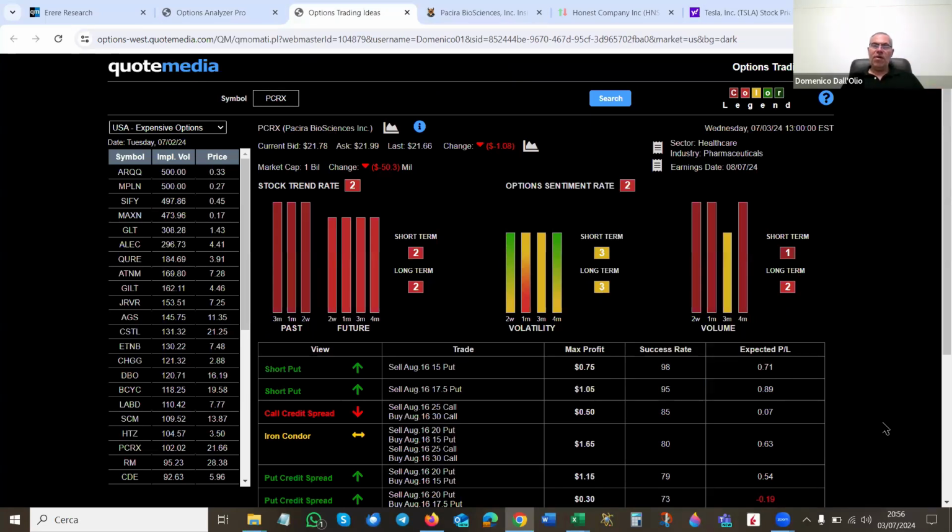The balance sheet is very good. The weighted average of the strike prices where the institutions are positioning themselves looks coherent with this trade. So in my opinion, it could be a good idea.